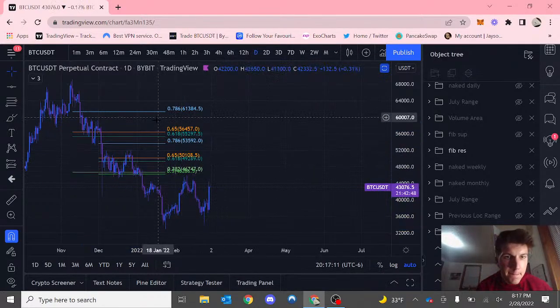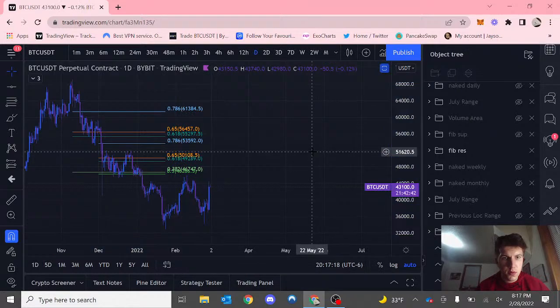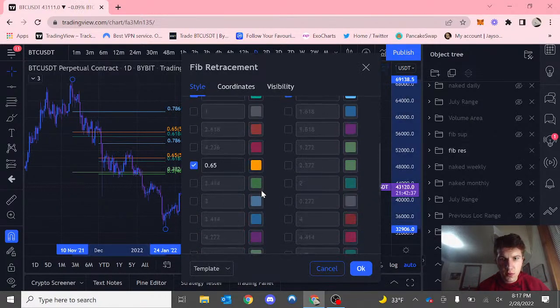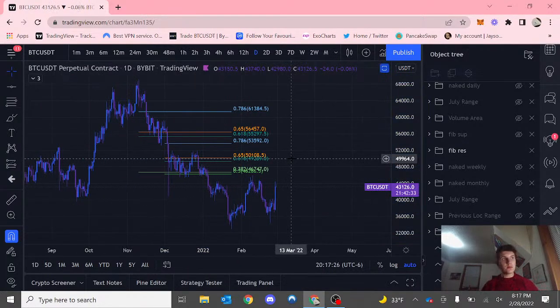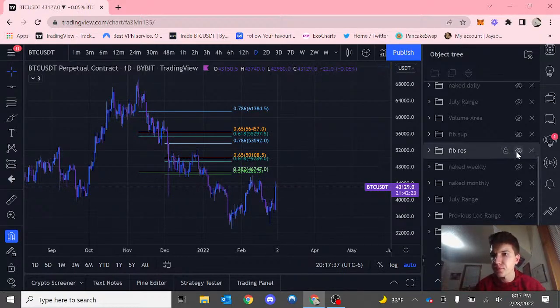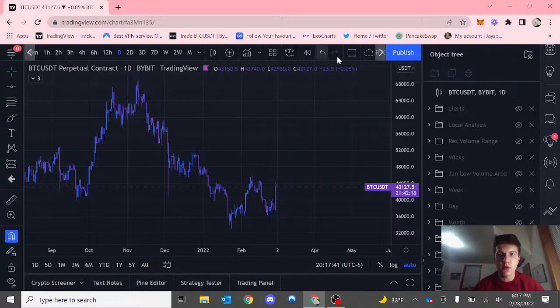Again, right here. I like to see more fibs on in the settings, especially when you're drawing it from a large area, especially on the higher time frames. But that should be about it for Bitcoin.